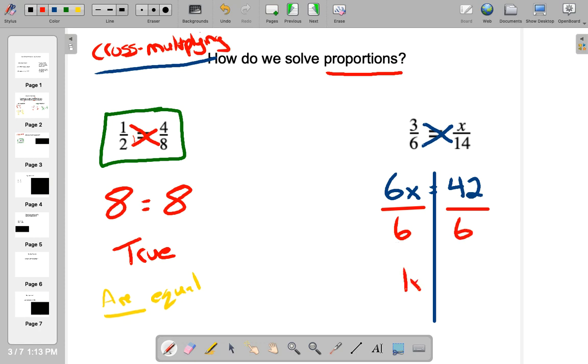So we have 1x is equal to 7, or we have x is equal to 7. Either one of these are correct, which means our proportion is 3/6 is equal to 7/14, which makes sense because this is a half and this is a half as well.